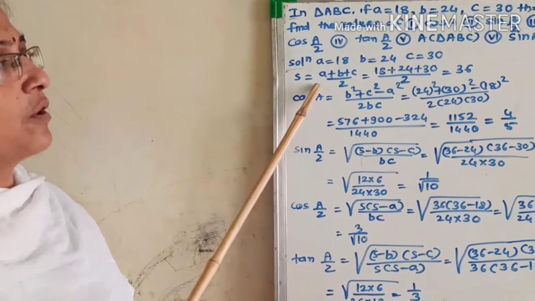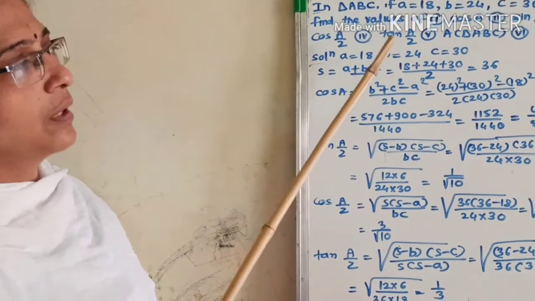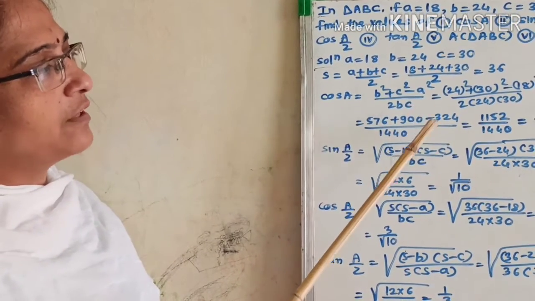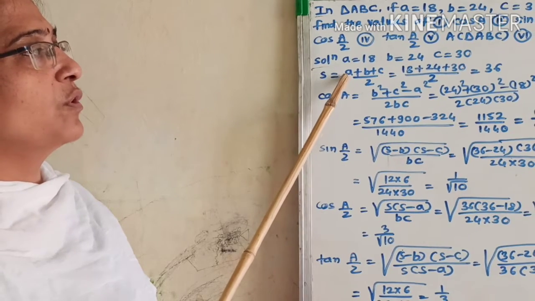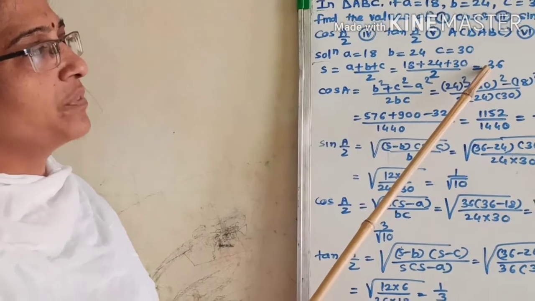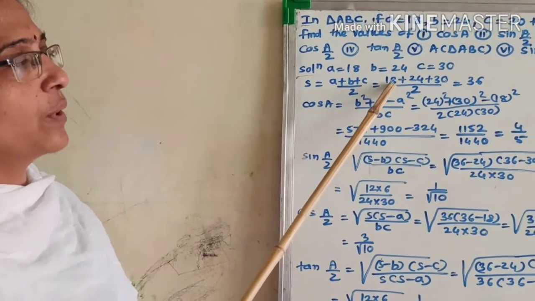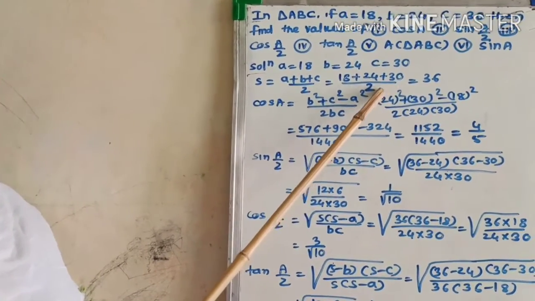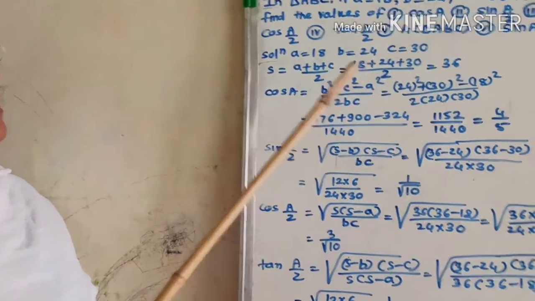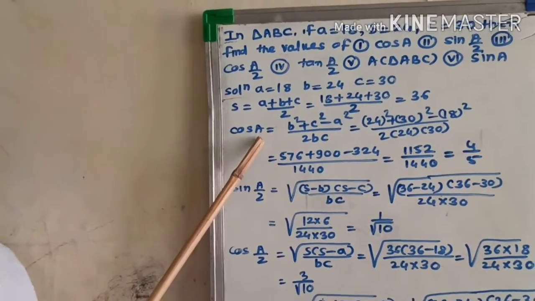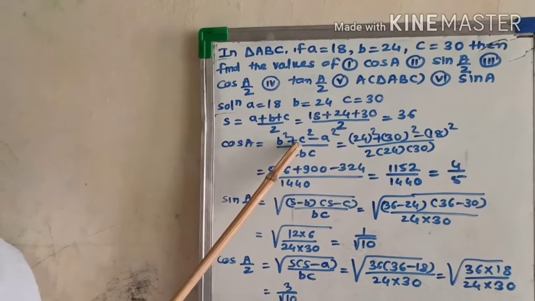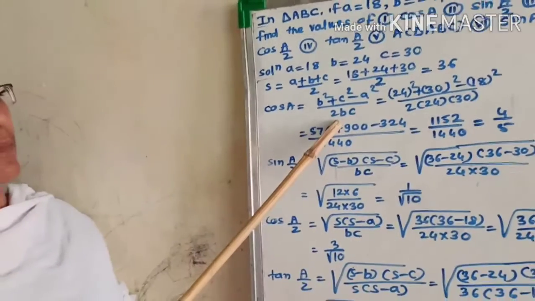First find the value of S, because for half angle we need the value of S. So S is equal to (A plus B plus C) by 2, which is 18 plus 24 plus 30 by 2, which is 72 by 2, which is equal to 36. Cos A, we know, here use the cosine rule: cos A is (b square plus c square minus a square) upon 2bc.